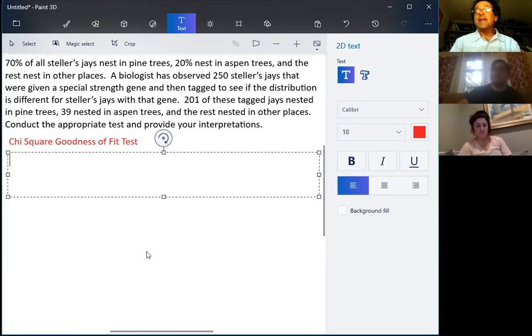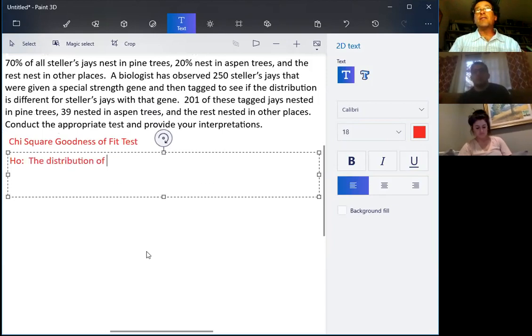So we can say H0 is that the distribution of nesting places for, I'm going to call them GMO birds, is the same as the distribution for regular Steller's Jays.